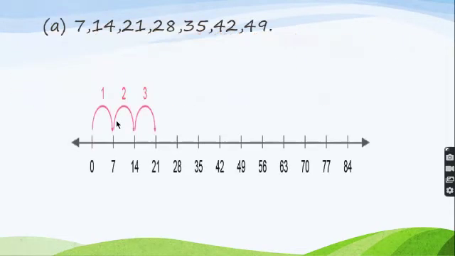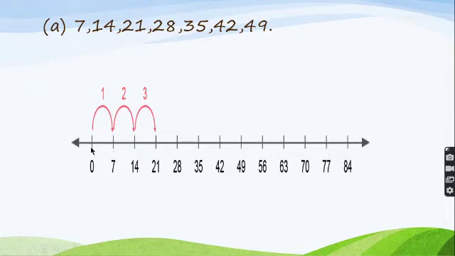So look at this number line. Here you can see we have a number line and we have arranged it according to 7, or the gap between the two numbers is 7.